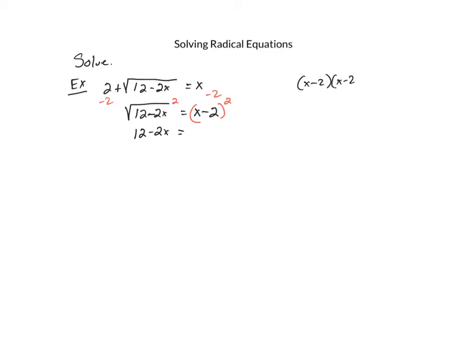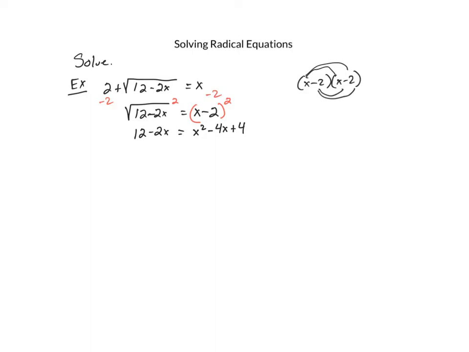You can go to scratch paper and do that, or if you can do it in your head, that's fine. We would have x squared minus 4x plus 4. Do not forget that you are foiling these binomials out. People often overlook the negative 4x in the middle.